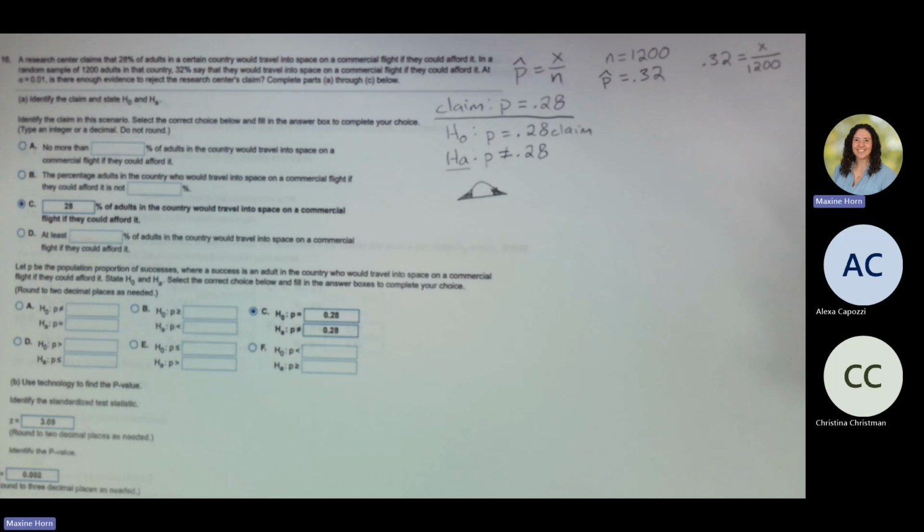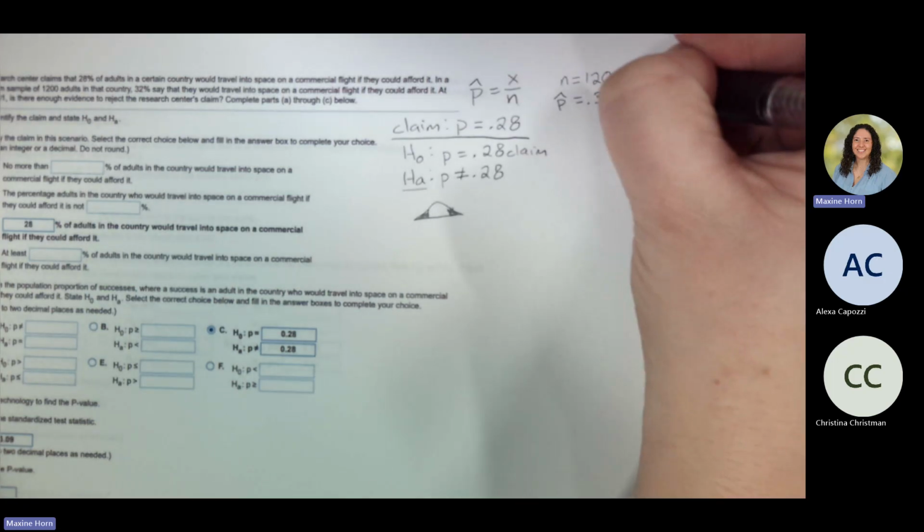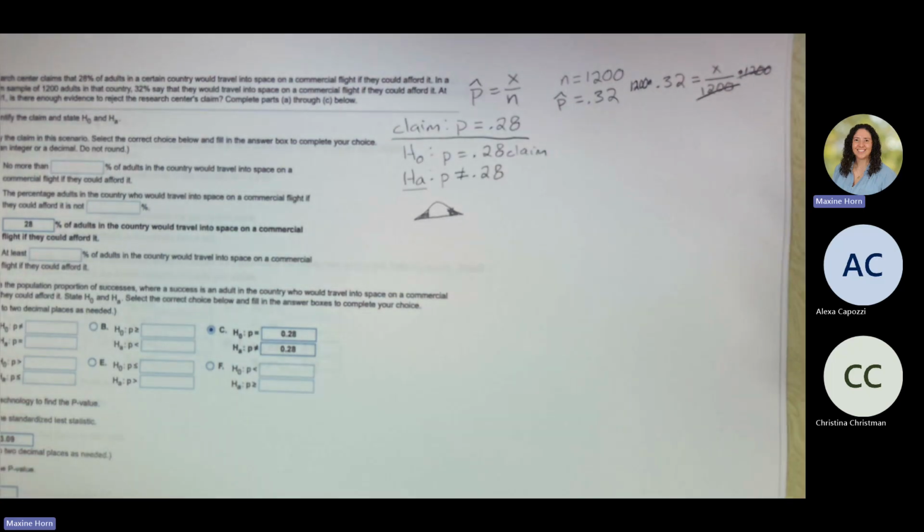So in order to solve that equation for x, right now it's being divided by 1,200. To get rid of dividing by something, I'm going to multiply by that thing. So I'm going to multiply both sides by 1,200. If I multiply and divide by the same thing, they cancel.